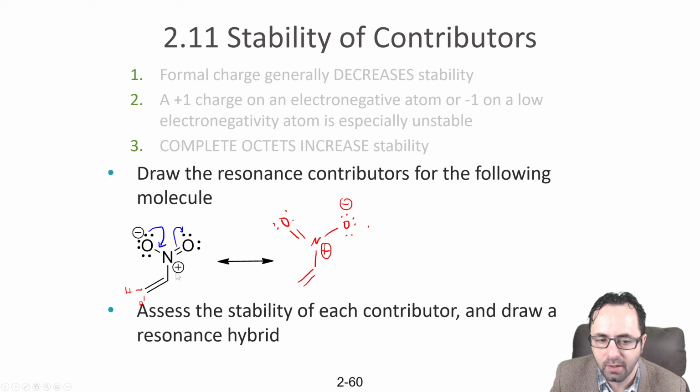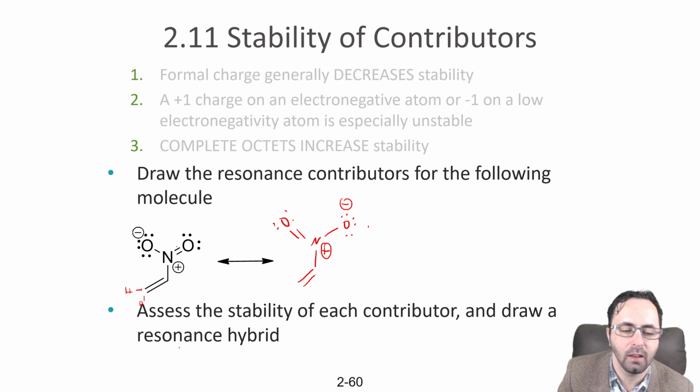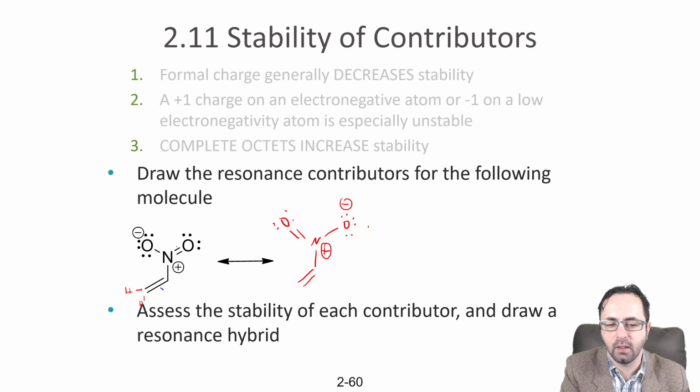Then we have one more situation that could happen here, and this is a combination of things that we'd have to do. If we look right here, we can't exceed the octet on the nitrogen.